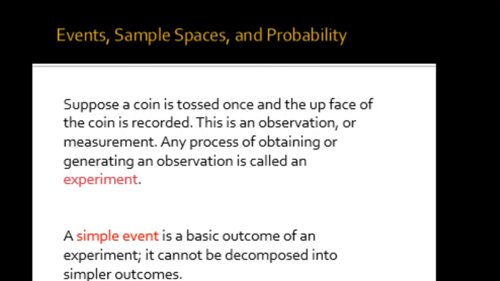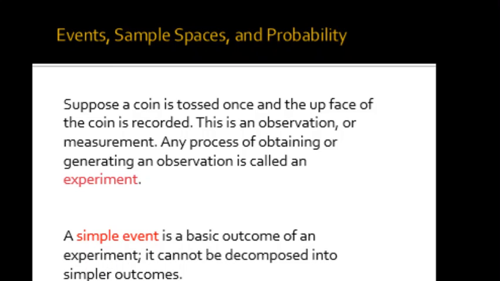Let's start with some basic definitions and the notations that we will use for probability. Starting with the first idea, the experiment. An experiment is the process which we use to obtain and generate observations. Let's say we toss a coin and we record the face up. The experiment here is tossing the coin.